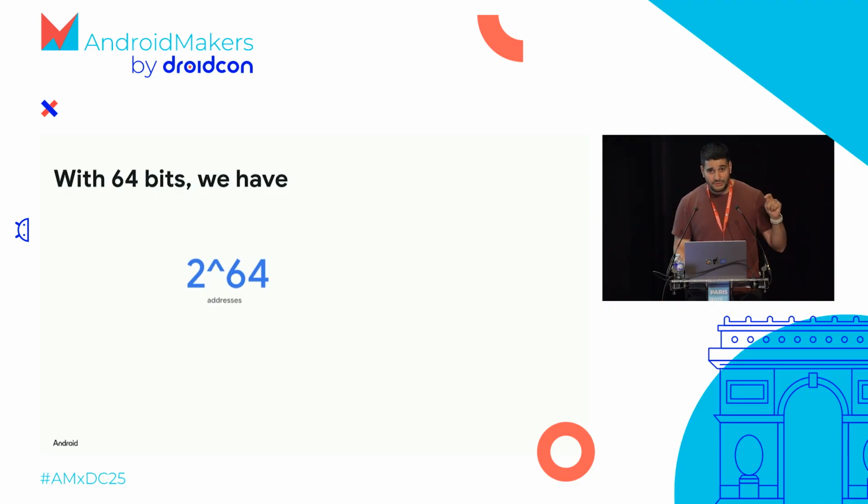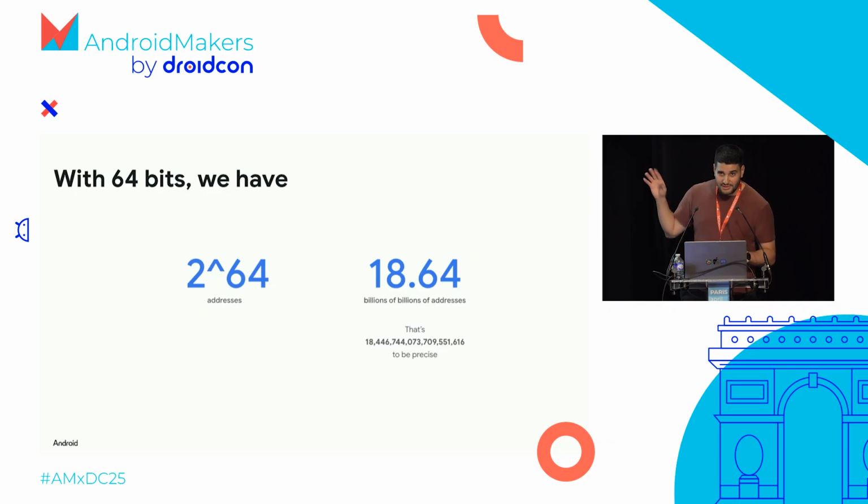That means you have 2 to the power of 64 addresses, which is about 18.4 quintillion potential addresses. Obviously, most systems don't use them all. That's just the hard limit of 64 bits in terms of memory addresses. And that's a really, really long number if you want to be precise.